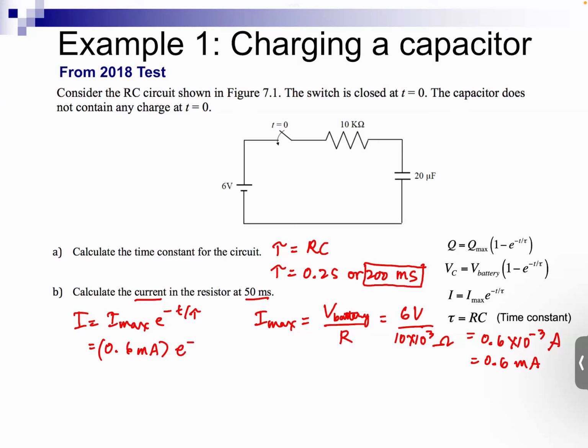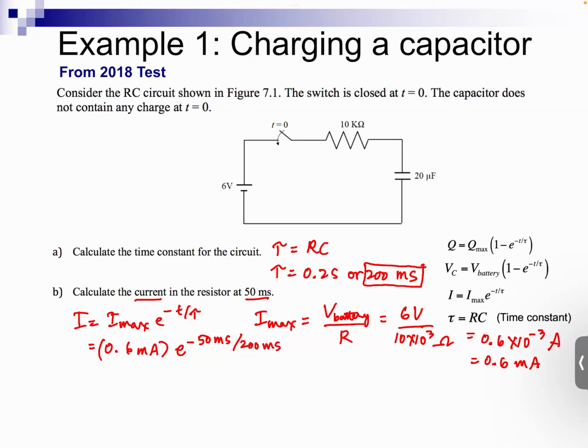E to the minus t, small t, is the time where you want to determine the current. So here the question says you want to determine the current at time equals 50 milliseconds. So that's 50 milliseconds divided by tau, which is the time constant, and hence why I chose to convert my tau to milliseconds. It's for consistency of units.